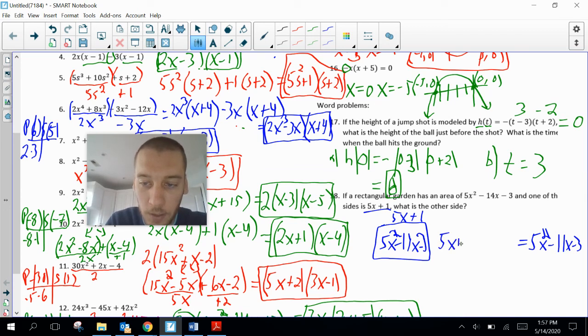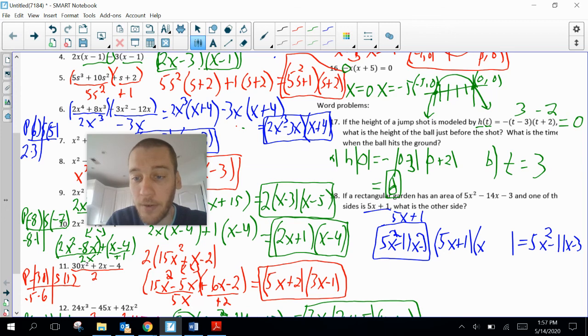So 5x plus 1 times my other side. So if I want to get a 5x squared, I know that my first term is going to need to be just x, right? Because 5x times x, that will give me my first term.